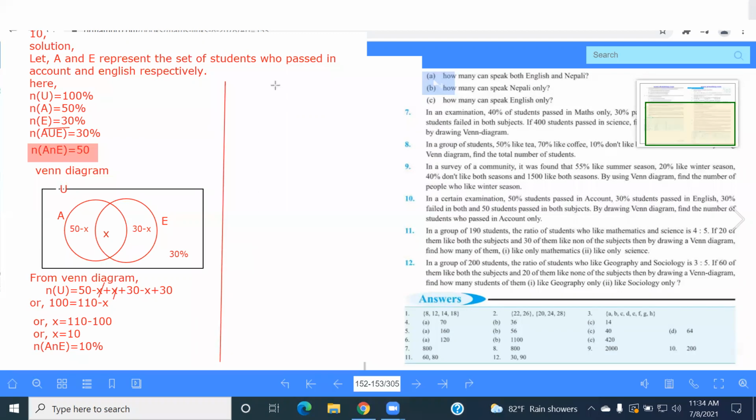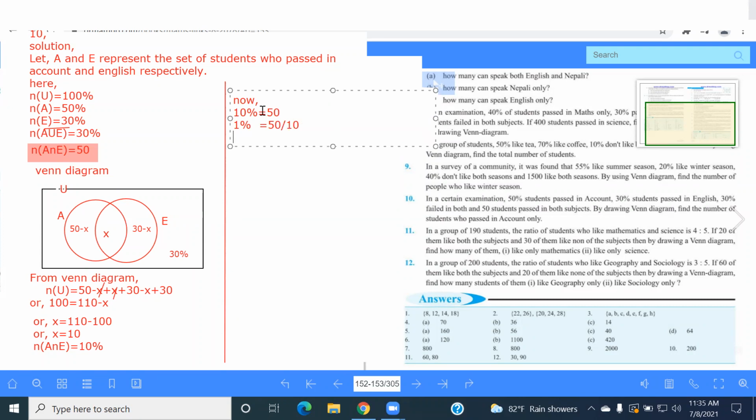That's why let's find the total number of students now. This is also the intersection, which is 10%, and this is also the intersection, which is 50. It means 10% equals 50. Then what will 1% be? If 10% is 50, you can use the unitary method: 50 divided by 10.